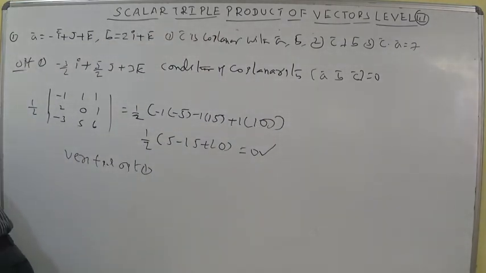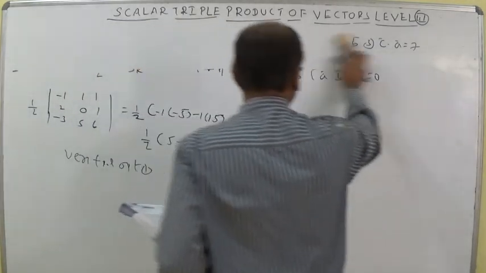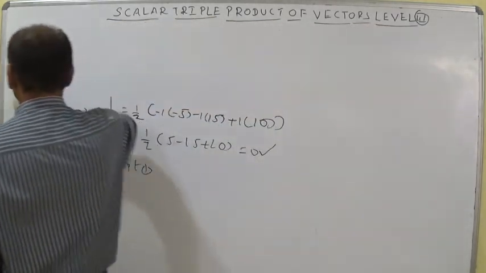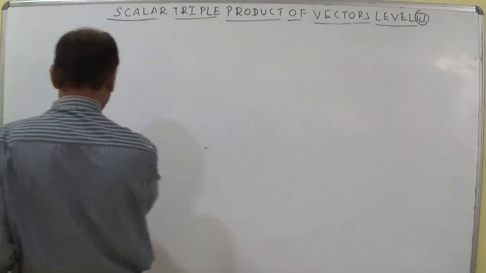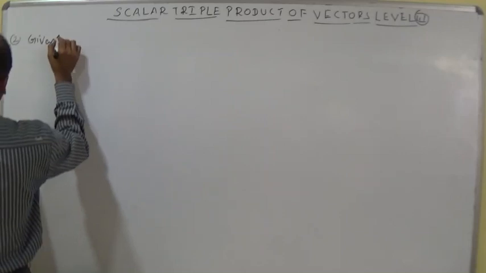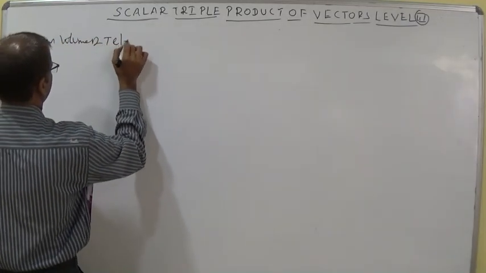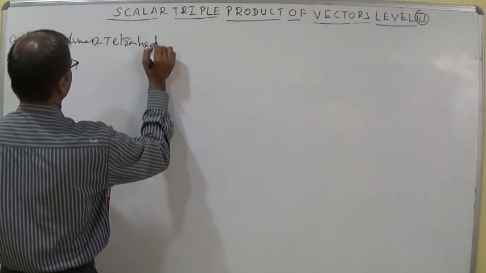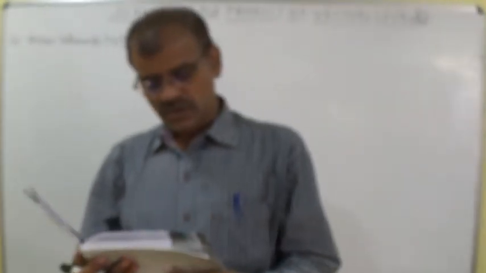Now, second question. A tetrahedron has volume V equal to 5, and 3 of its vertices A, B, C are given.